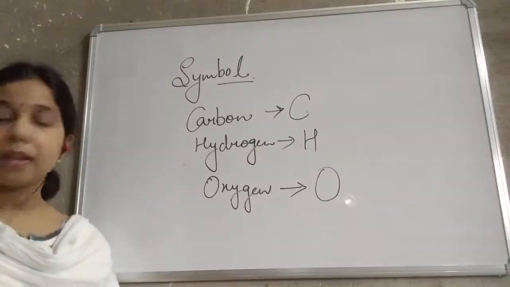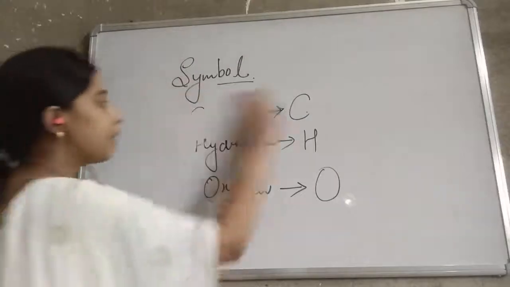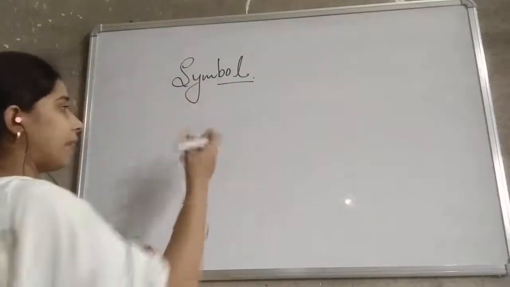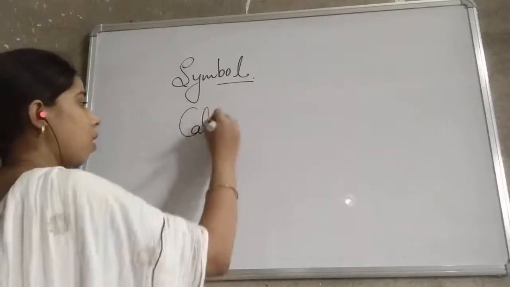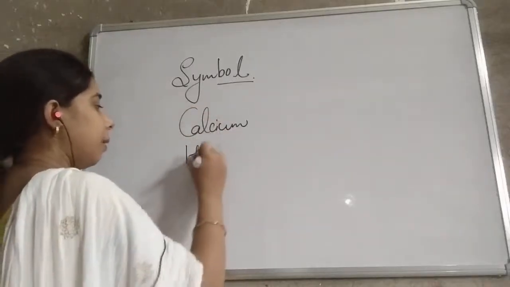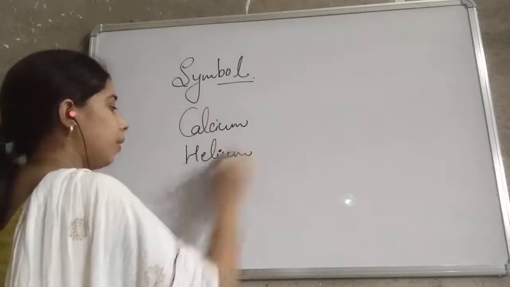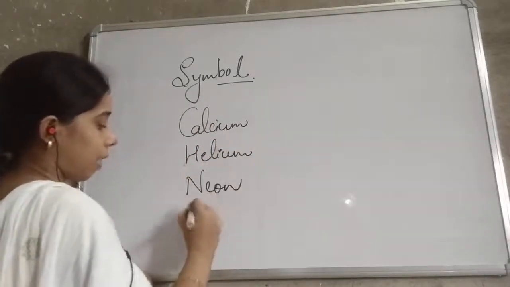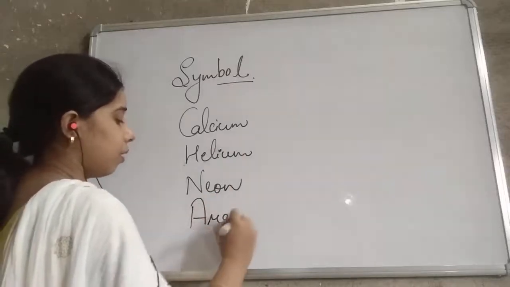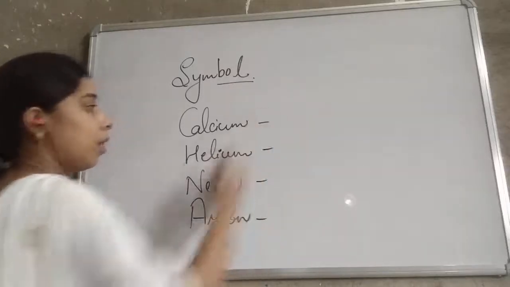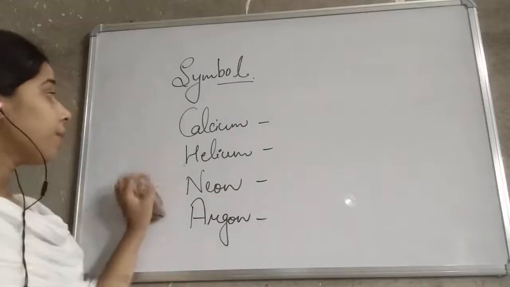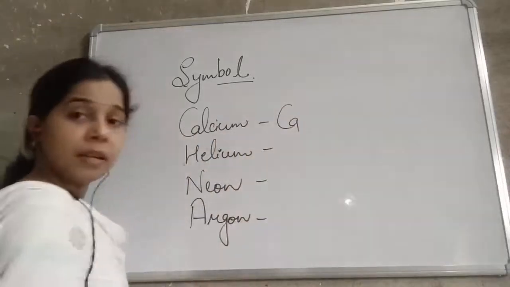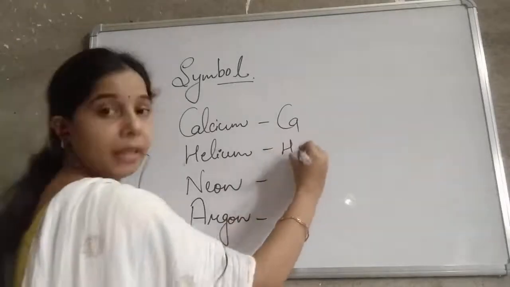In the second group, there are elements including calcium, helium, neon or argon. The symbol of calcium is Ca. The symbol of helium is He.